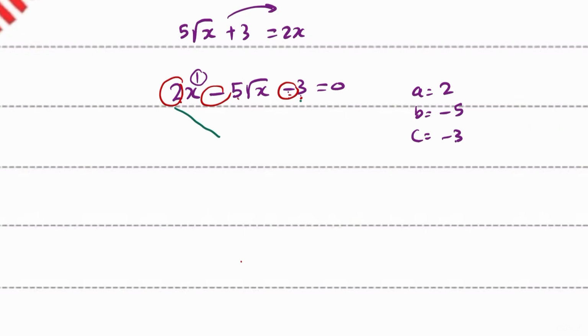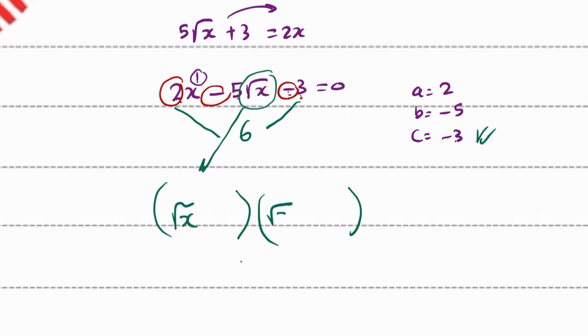So either use normal factorization, 2 times 3 equals 6, or you can use the quadratic formula as you see here. How to use the normal factorization? I'm going to open two brackets, but take care: rather than writing x and x, here we have the middle term square root of x. So we write square root of x and square root of x.